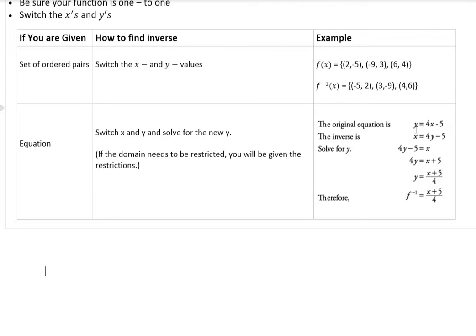And I have an example here. I'm going to work through a couple more examples on the next slide. But you can see that I start off with an equation with y equals, and then I change that to x equals, just switching the x and the y around and then solving.